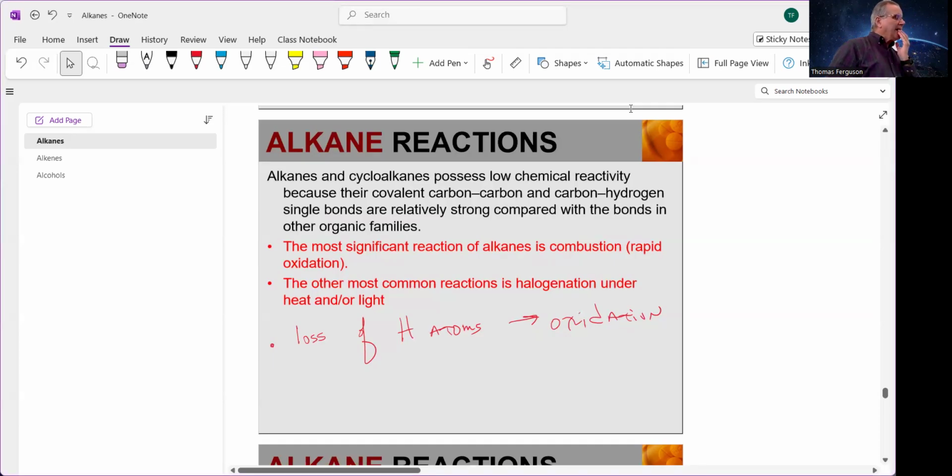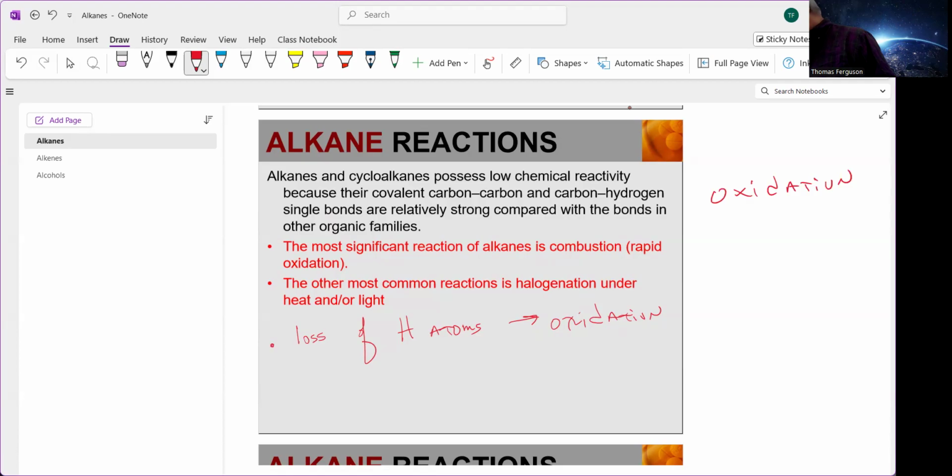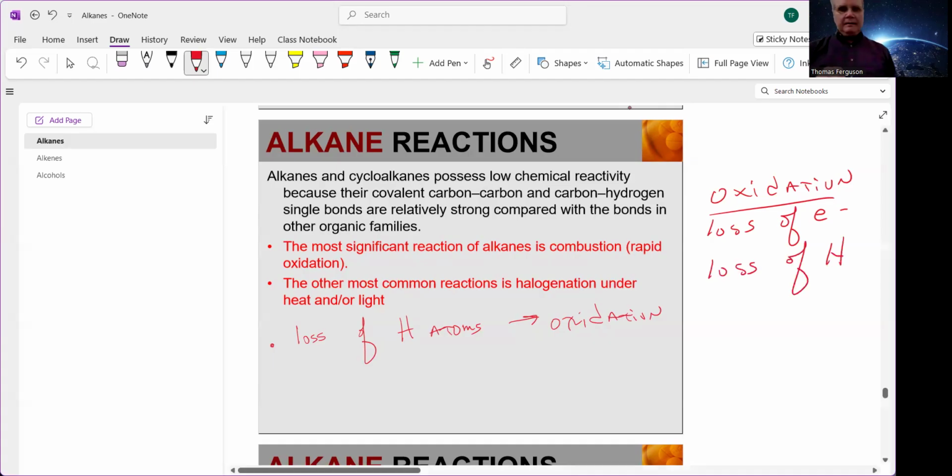Okay, so oxidation, you guys are close, but not right on. Okay, oxidation. The loss of an electron. Or, I don't think everybody realizes.